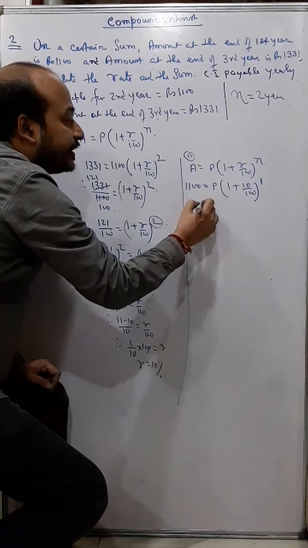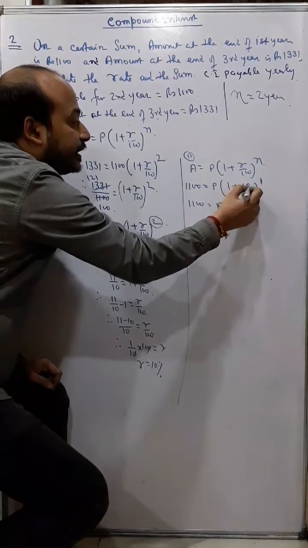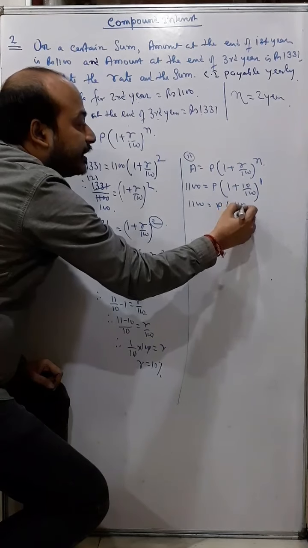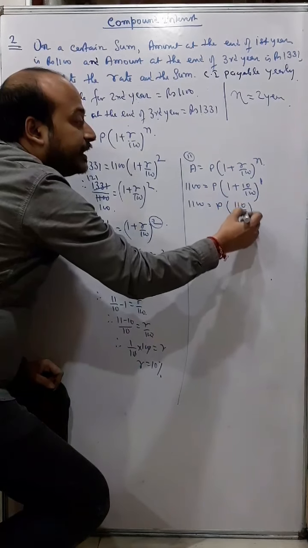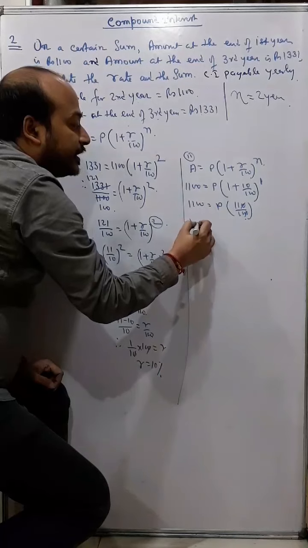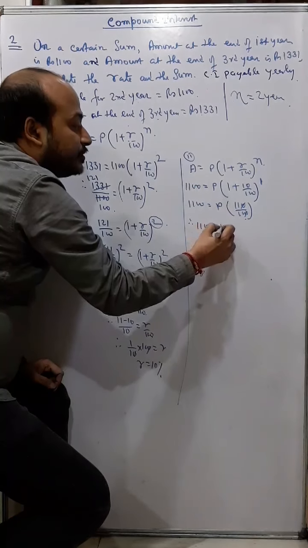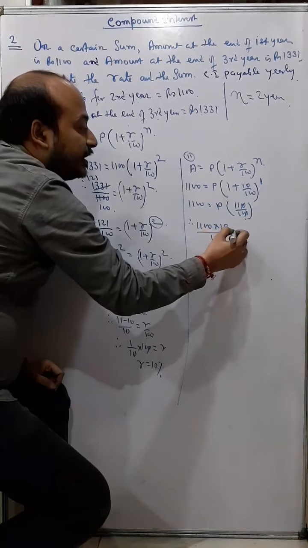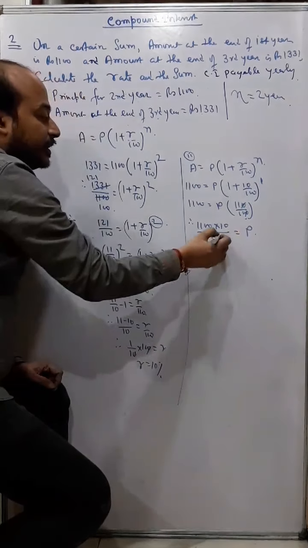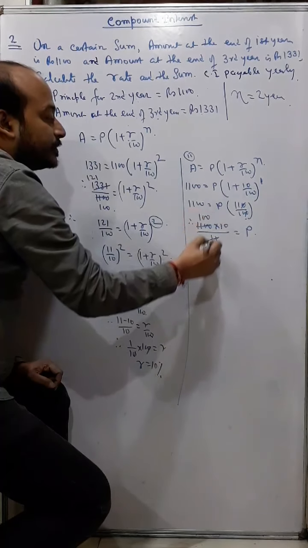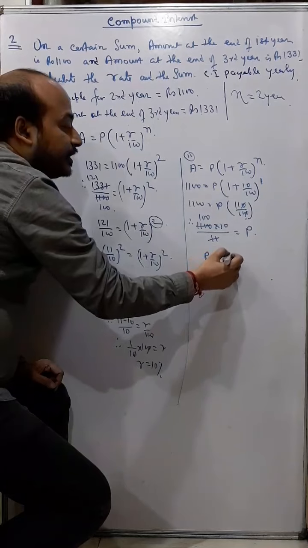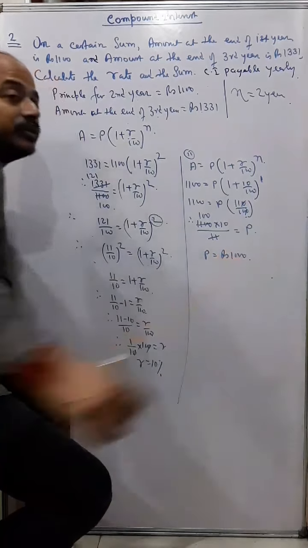So 1100 is equal to P into 110 by 100, and cancelling, finally we get 1100 into 10 by 11 is equal to P, and then finally we got P as rupees 1000.